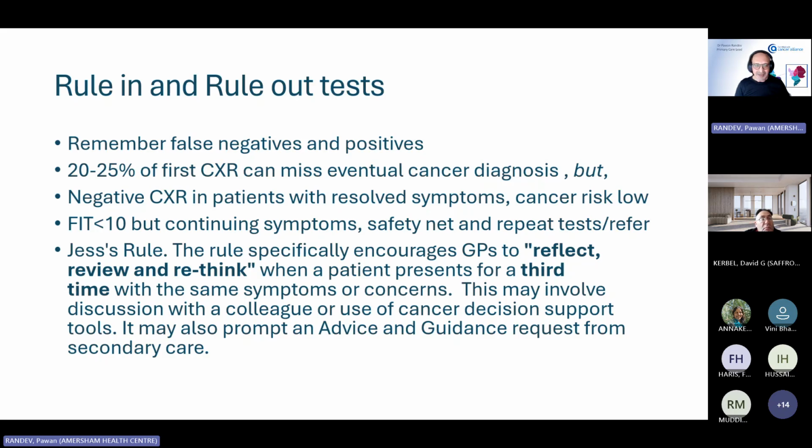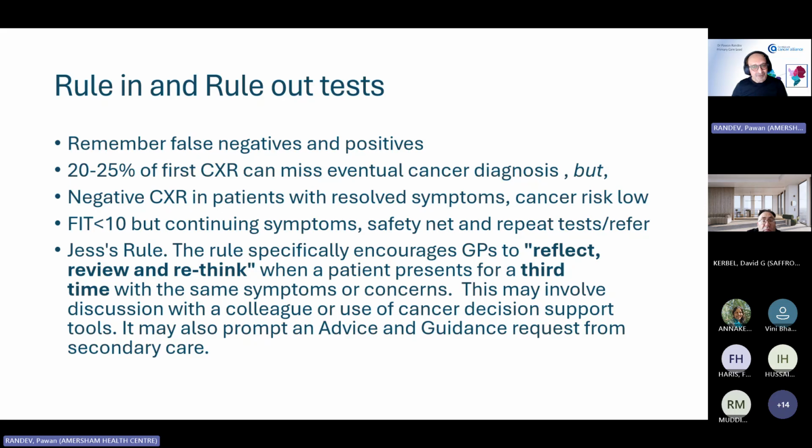when we think about our patient population in general practice, a negative chest x-ray in a patient whose symptoms are getting better or have resolved actually does mean a low risk of cancer. So we can use that way of looking at things to reassure us and our patients.